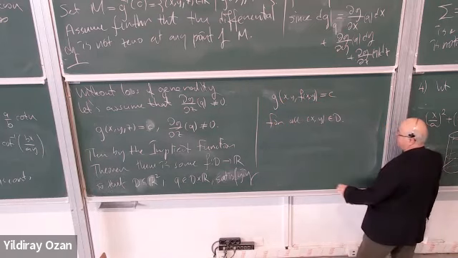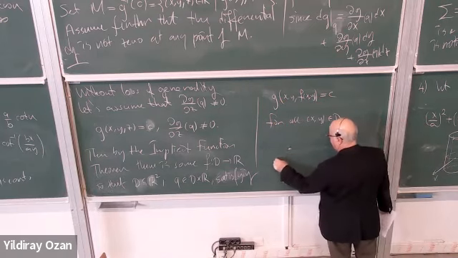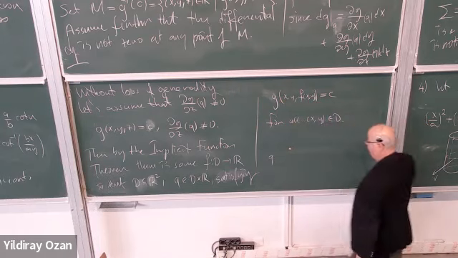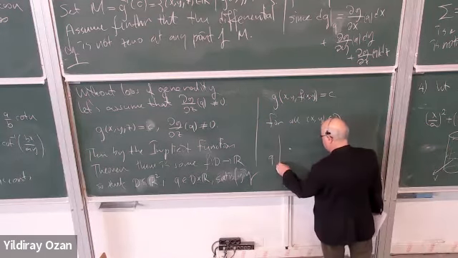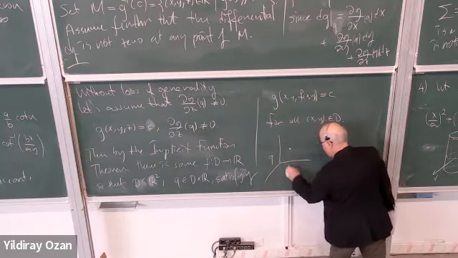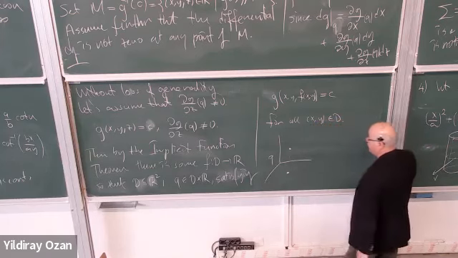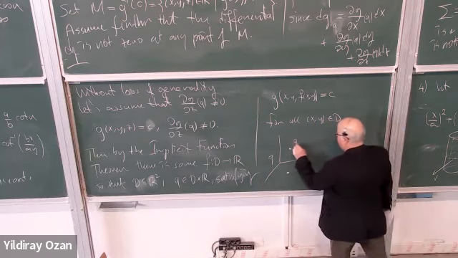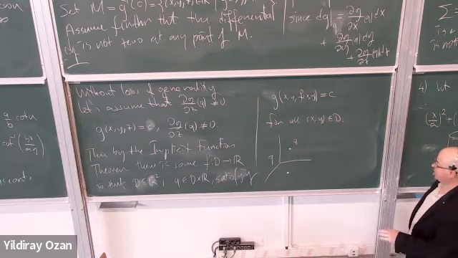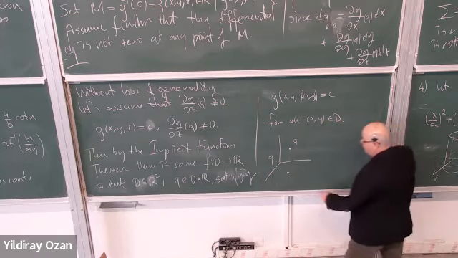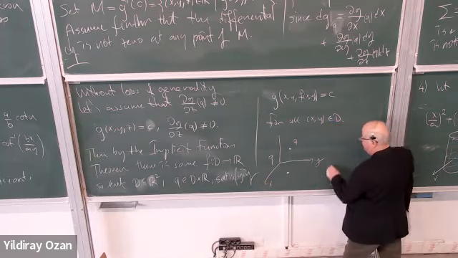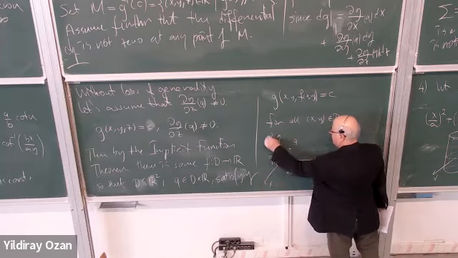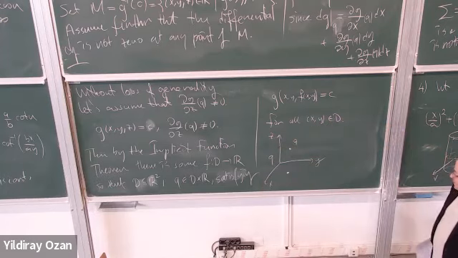So what happens is the following, right? We have this point Q in the space, and here is the image of this point in the xy plane. So this is the xy plane. This is the z-axis.